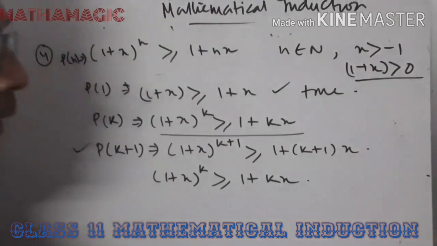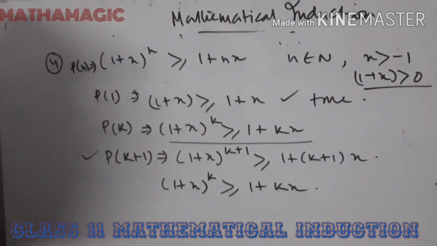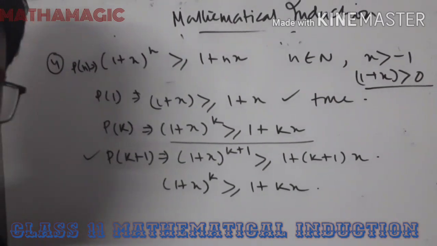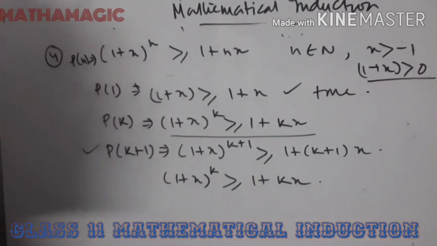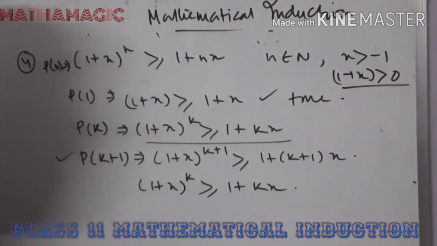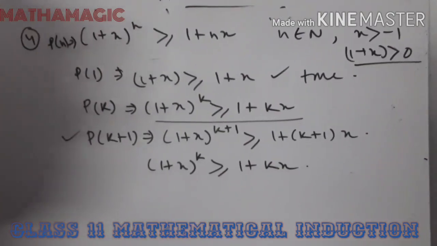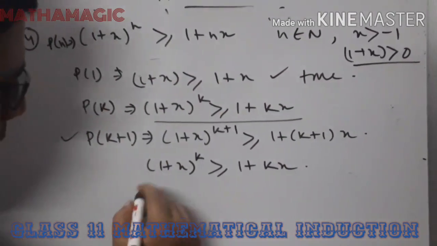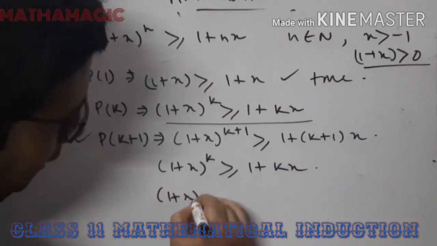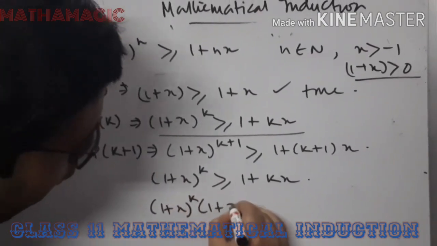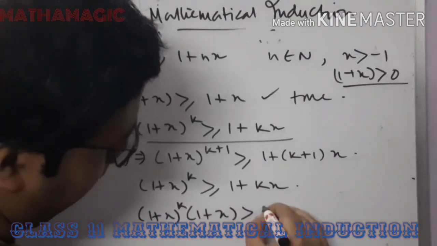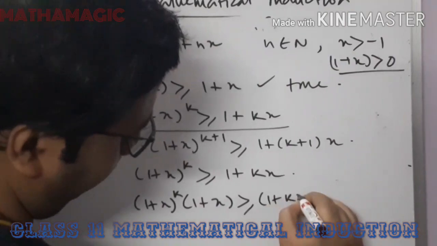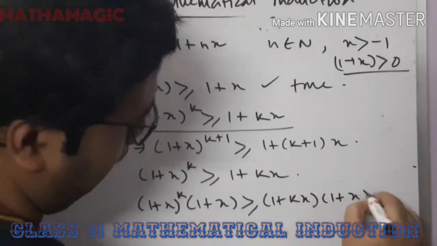If we have any positive number and we multiply on both sides of the inequality, then the inequality does not change. So we don't have any problem with this one. If we multiply 1 plus x on both the sides, it will become 1 plus kx into 1 plus x.